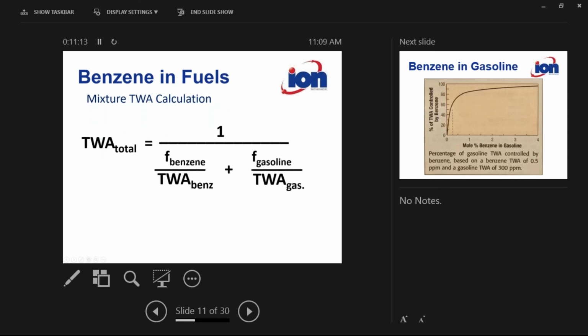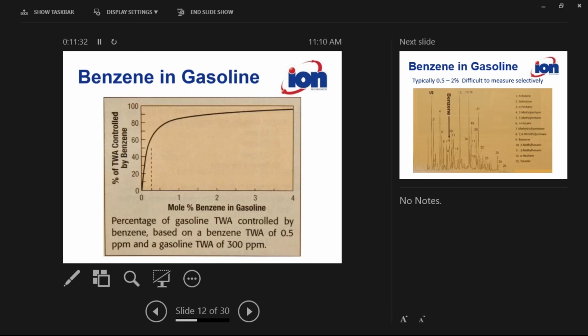The TWA is just this formula for the fraction of benzene, comparing the TWA over benzene and the fraction of gasoline over the TWA of the gasoline. So we've done this calculation, and here are the results presented graphically.